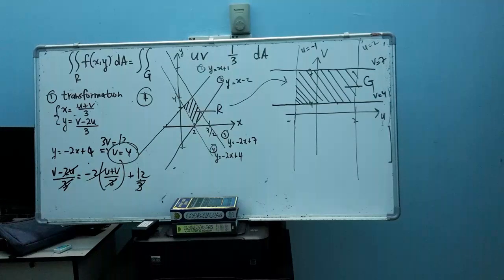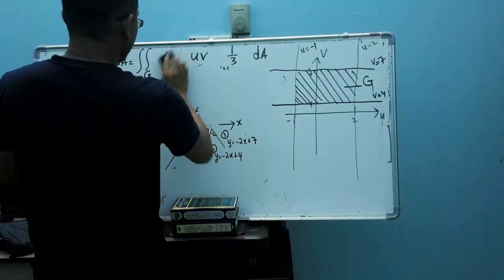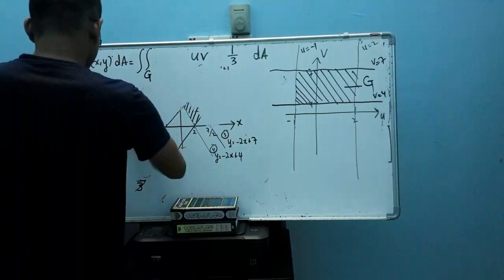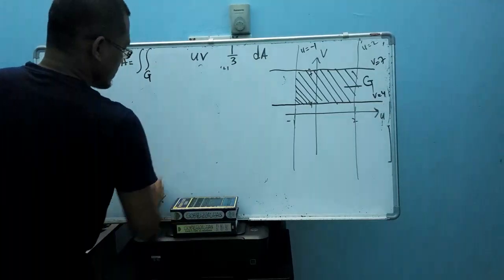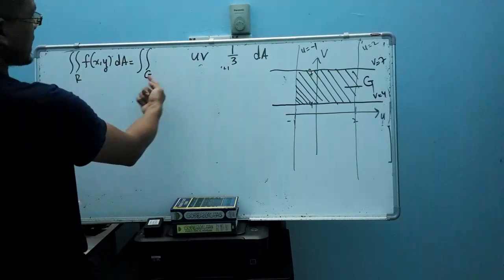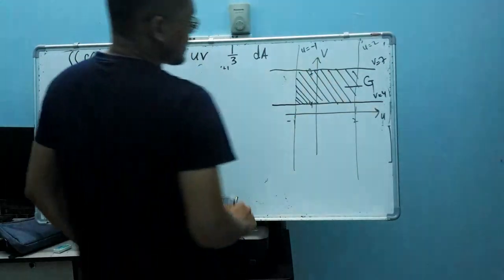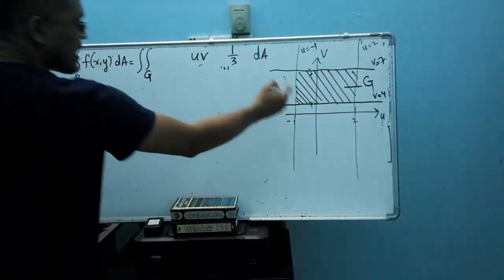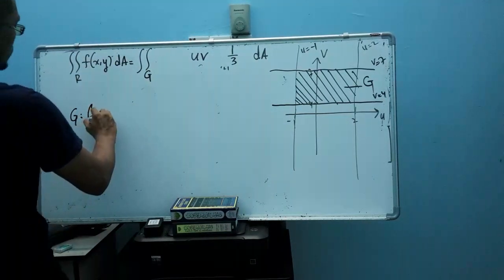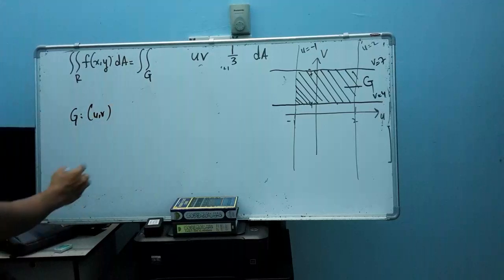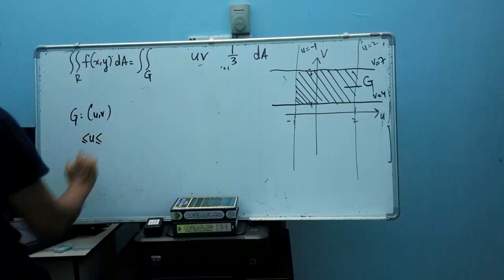Of course from this G, how can we find the limits of integration since we have u and v? I can describe my G as a point of u and v such that my u should be in between which values?